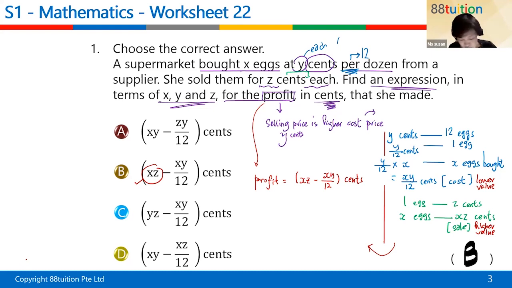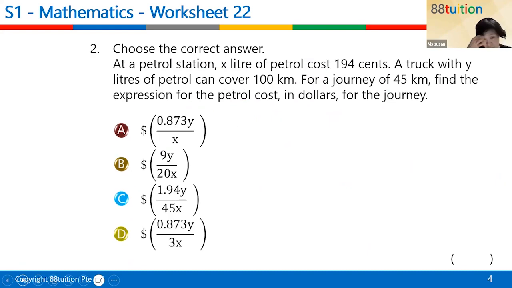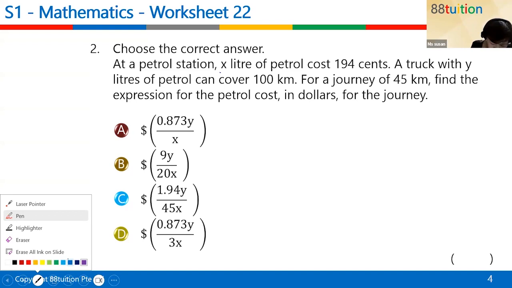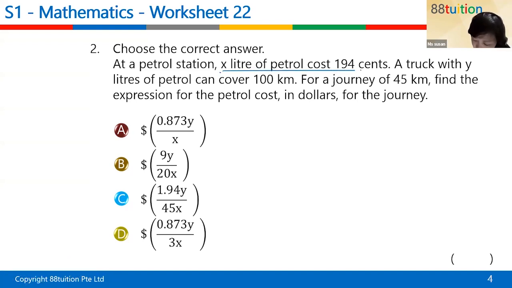Now, next thing is we do question number 2. Let's stay in here. Choose the correct answer, given you a multiple choice also. Let's take a look. Now, X liter of petrol will cost you 194 cents.